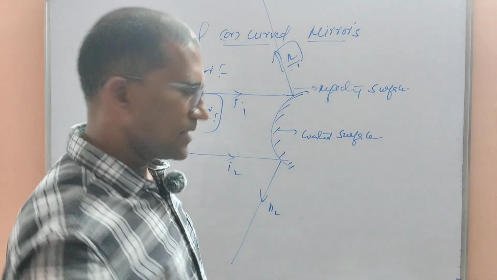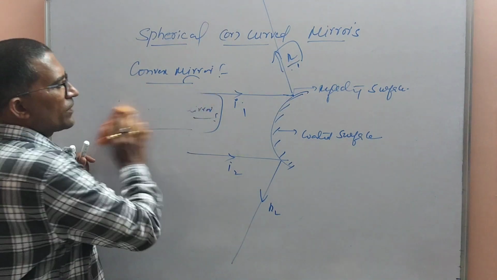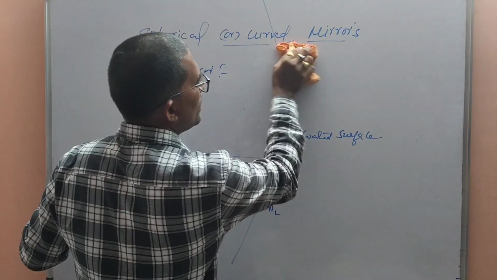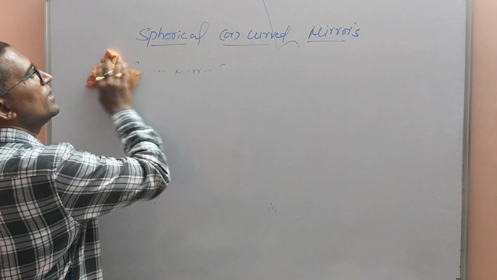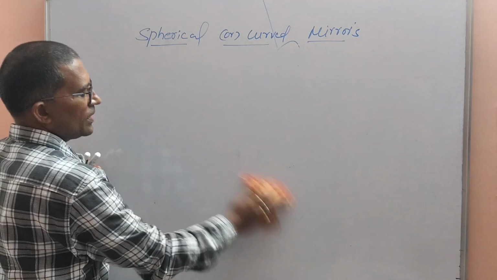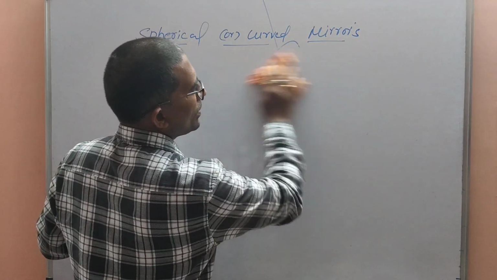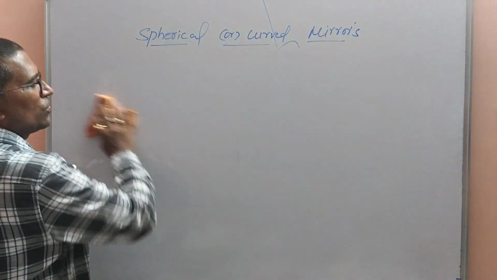Understood? Now, where do we use these convex mirrors? Convex mirrors are generally used in shopping malls, at junction roads, and at the curved points on the roads.